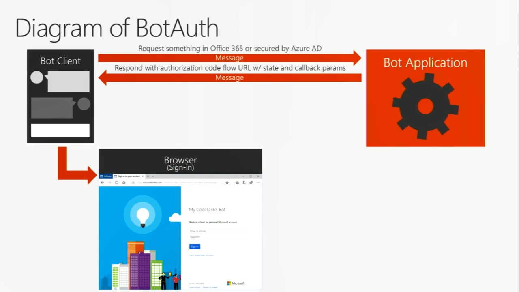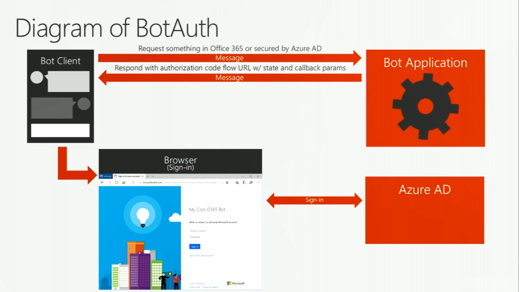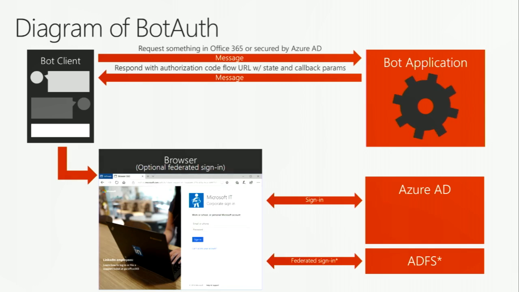So the user clicks on that, and it takes them to sign in. Sign in is typically going to talk to Azure Active Directory, but one of the beauties of Azure Active Directory is that if your organization federates, me as an app developer, I don't even have to know that. If you use something like ADFS, it can automatically fit into that process, and as an app developer, I don't need to know that happened.